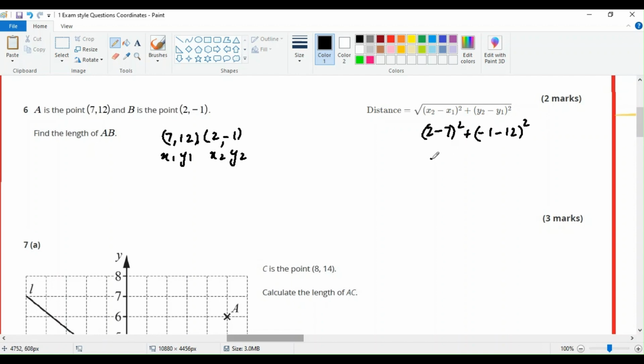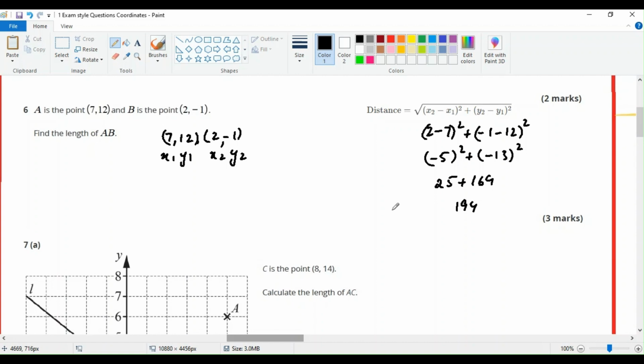This is giving us minus 5 square plus 13, negative 13, and this is giving us 25, and this is giving us 169. And when 169 is added to 25, it's giving us 194.